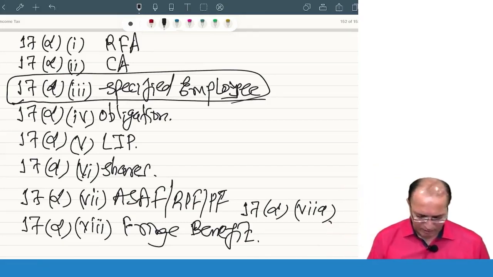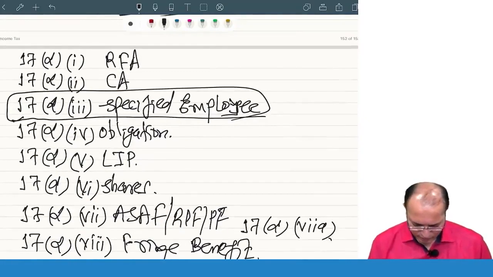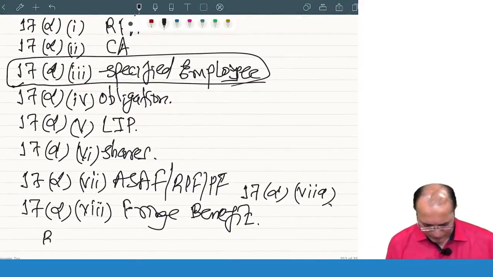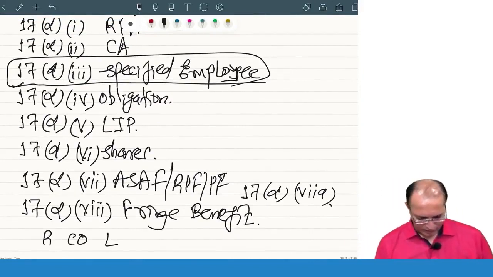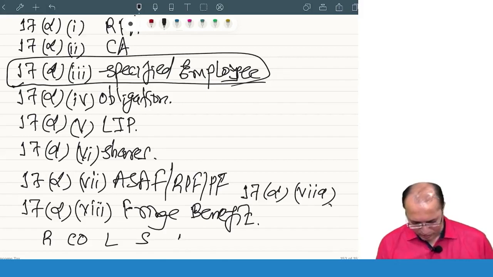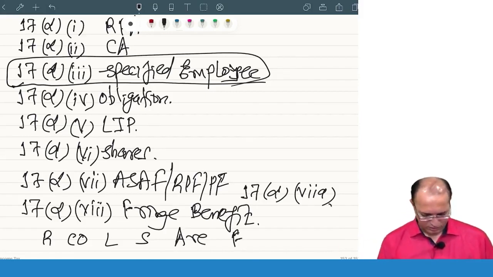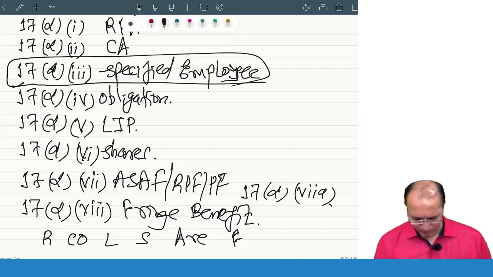So I am giving you a dialogue to remember: Reliance Company Limited shares are first class. That is what you have to remember.